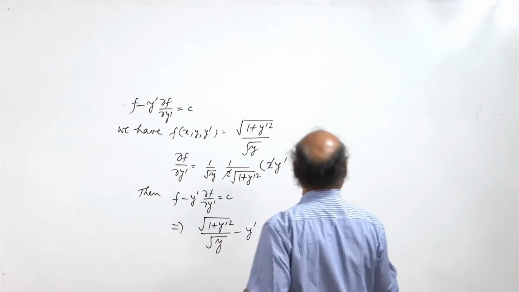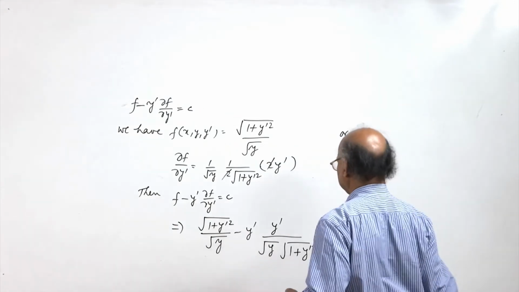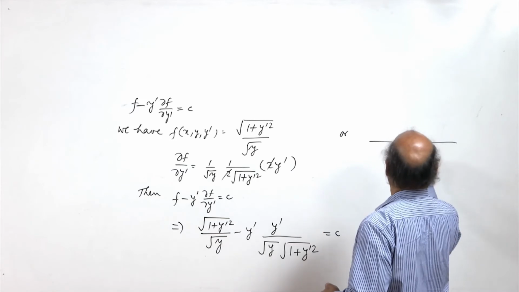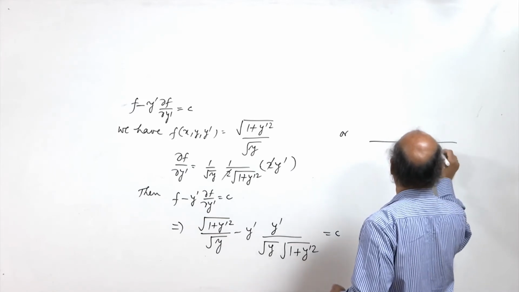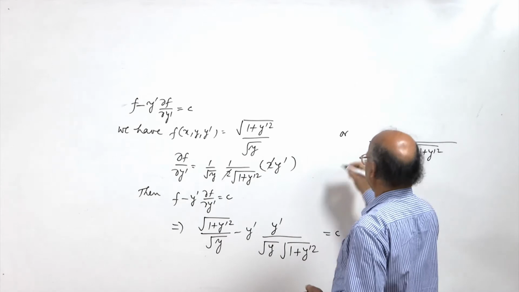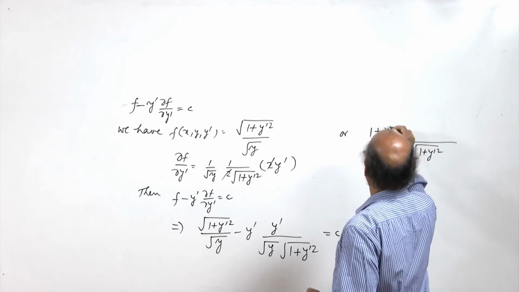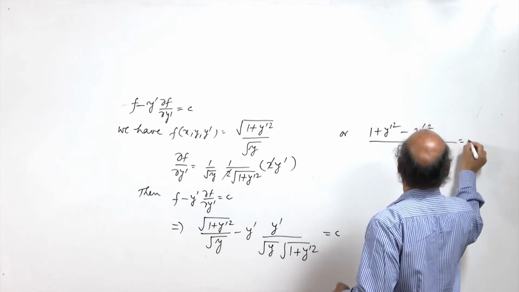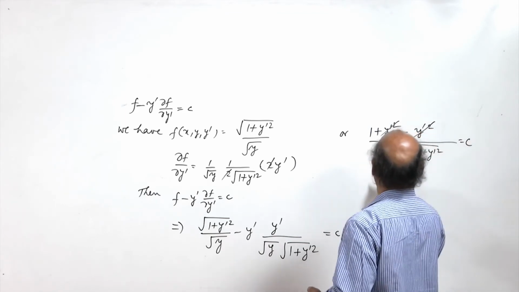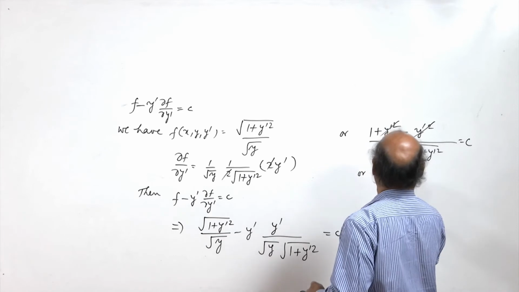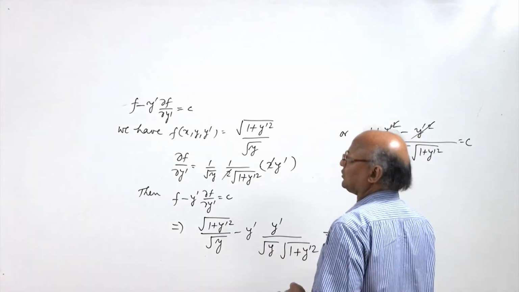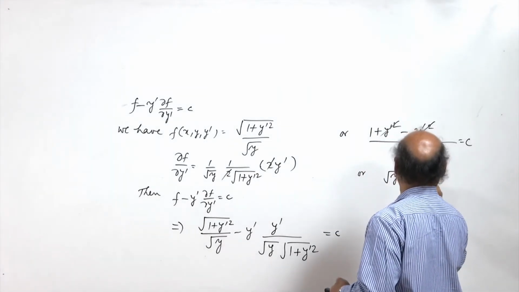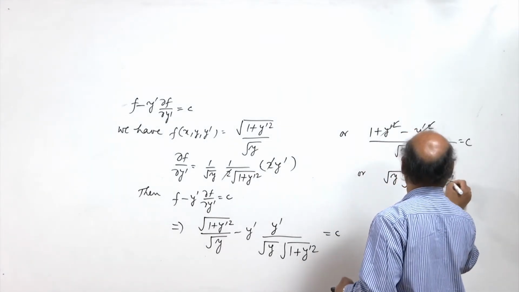So what we will get, root y into square root of (1 + y'^2), and then we shall have 1 + y'^2 − y'^2 equal to c. So this cancels and we get root y into root of (1 + y'^2) equal to 1/c.